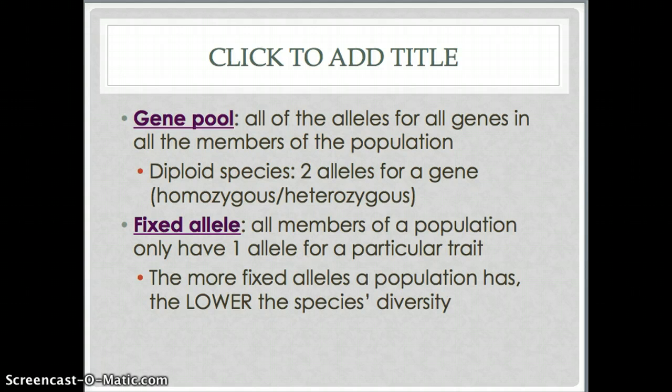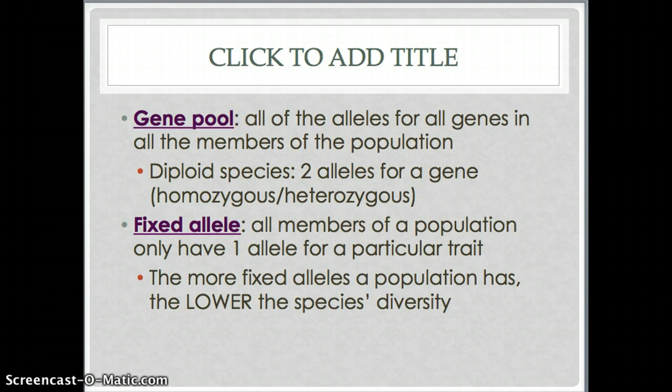Fixed allele means all members of a population only have one allele for a particular trait. This is a very unique situation where every single person has this specific allele within our genetic information. What that means is the more fixed alleles we have in a population, the lower the species diversity will become.